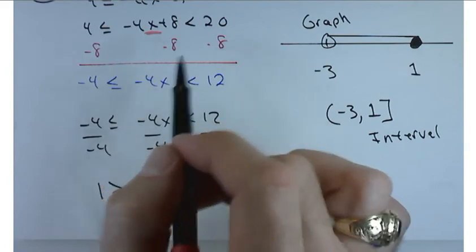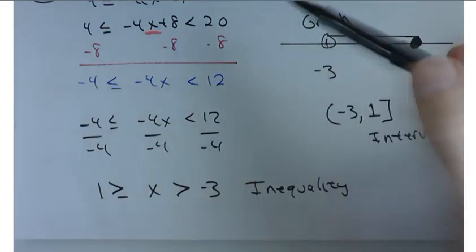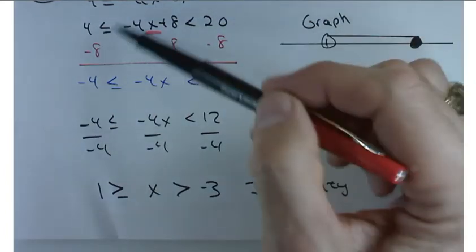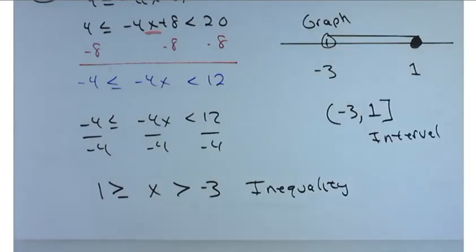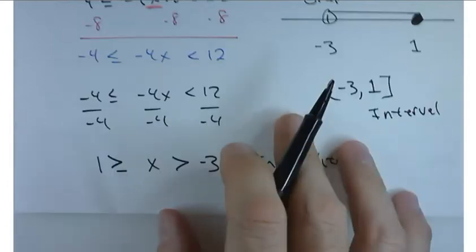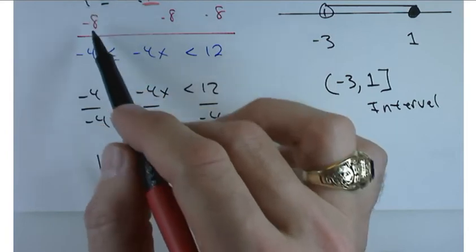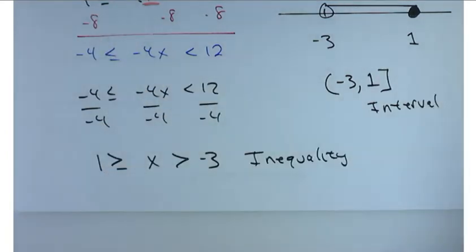Beside the 20, right? Well, I subtracted 8 from here, so I had to do the same thing here and here. I have to treat all three parts of it the same. Okay, but the result doesn't show the 4 with the minus. Oh, 4 minus 8 is negative 4. Okay. Sorry. Not a problem.